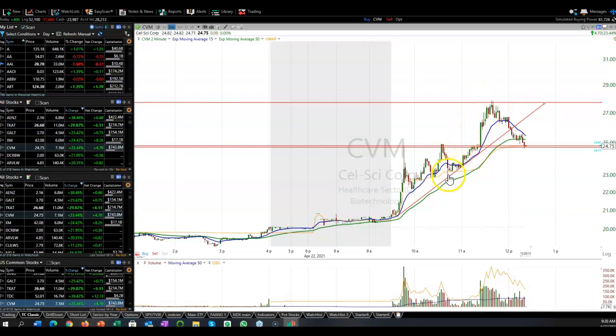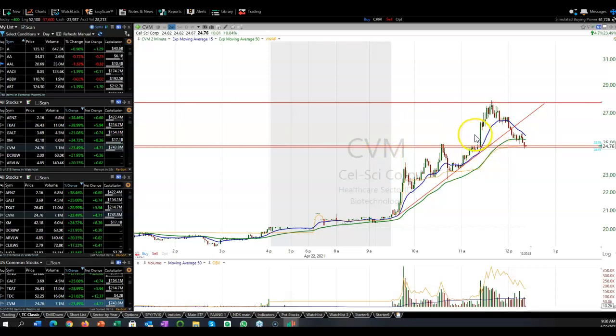I'd be scaling out at all those levels, just under them. If you watch me trade, I trade at a nickel under them. If it breaks out at 25, I'd sell it at 25.95, or 26.45, 26.95. I did get some off at that level.